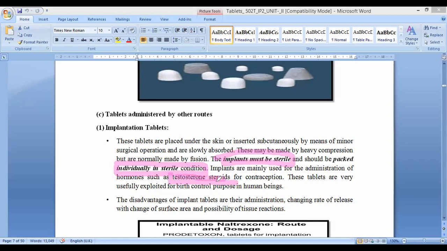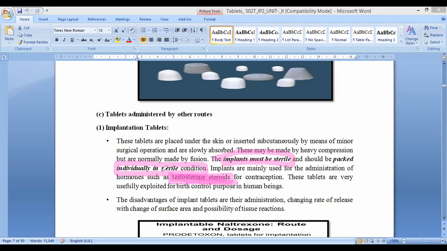These tablets are very usefully exploited for birth control purposes in human beings. The basic reason they are given as implant tablets: testosterone, for example, is a steroidal drug used as a contraceptive, and it has been used successfully for birth control in human beings.